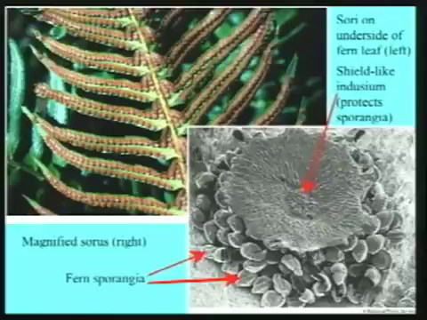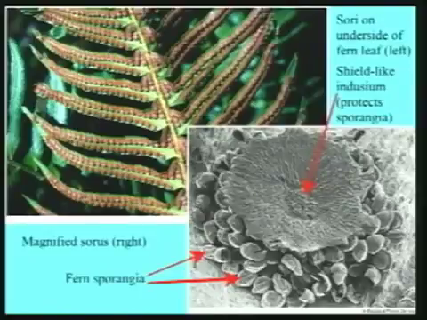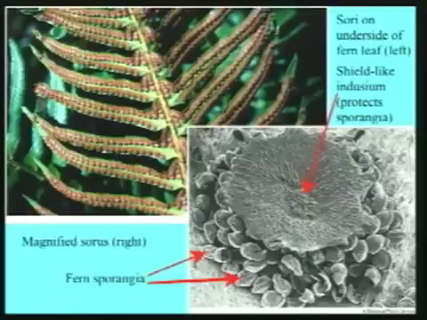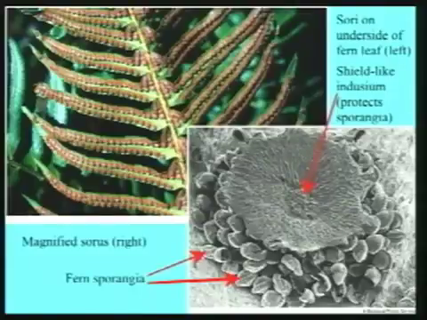Each one of these contains dozens of spores. So there are a large number of spores associated with each one of these sporangia. And it's protected sometimes by a shield-like structure here, which is an indusium. Not all ferns have this, but it serves to protect the developing sporangia. And it withers away when the spores are ready to disperse, gets out of the way of the dispersal mechanism.